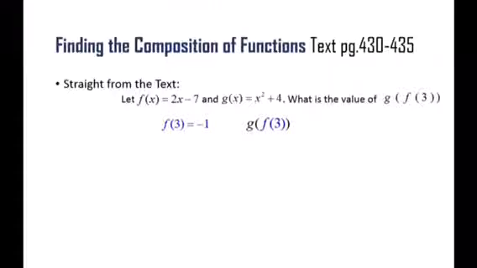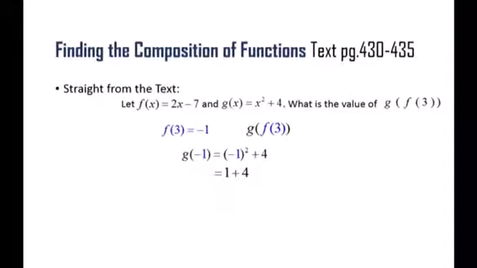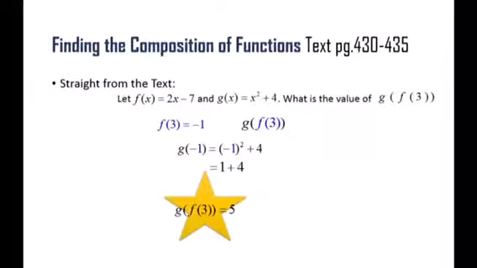So f(3) equals negative 1. Next, plug negative 1 into the equation for g. g(-1) equals (-1) squared plus 4, which equals 1 plus 4. So g of f of 3 equals 5.